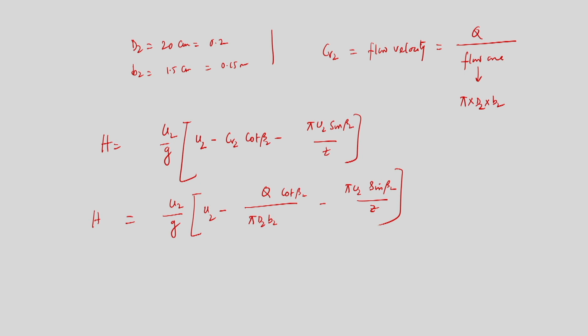I know the magnitude of U2 that we have calculated, coming around 30.15 meter per second, beta 2 is given 30 degree, and d2 and b2 are given.